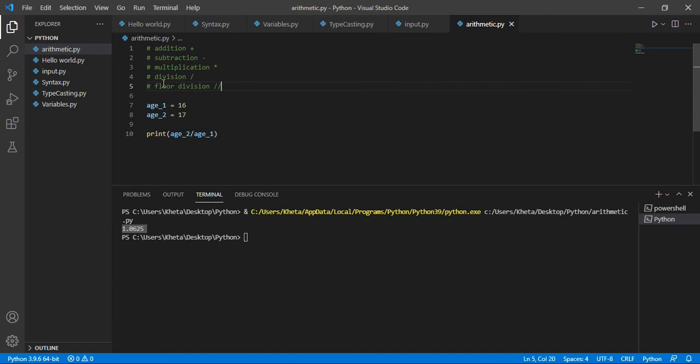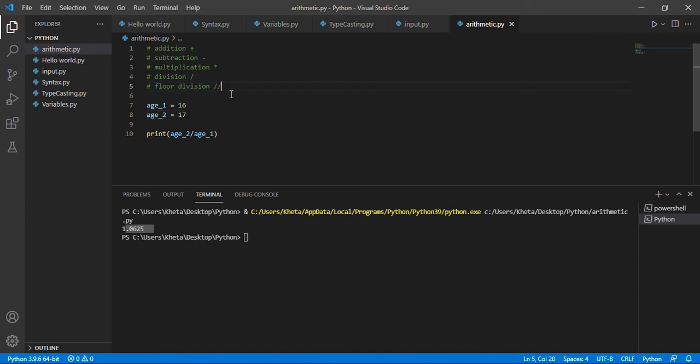Now what this means is it floors the number. You can also call this integer division because it basically ignores the decimal part or the fractional part. So if you have 3.5, it won't round it up to 4. It will just omit the 0.5 and just write 3. That is the floor operation.